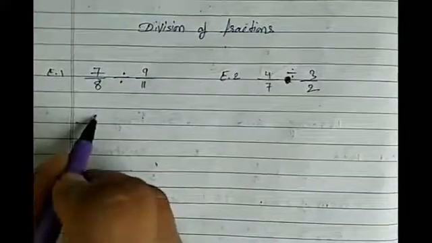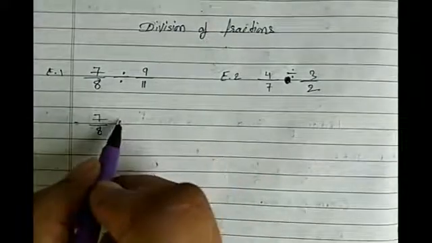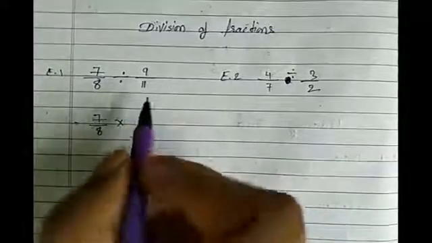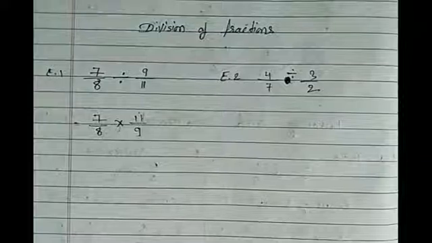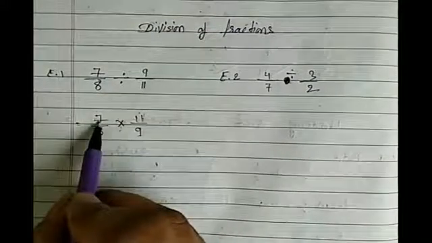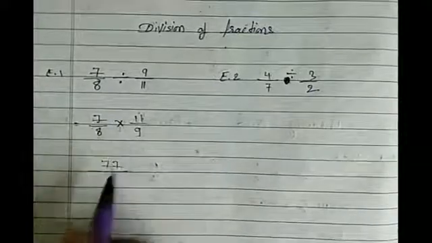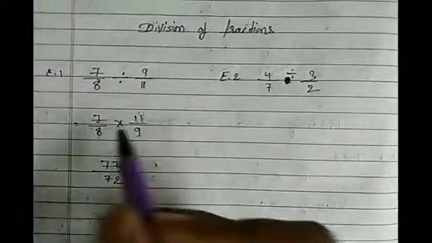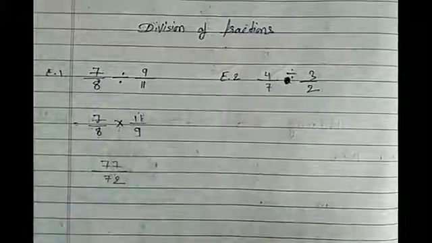So write the first fraction as it is, change the sign of divide into multiply, and write the reciprocal of 9 upon 11, so we get 11 upon 9. Now multiply numerator with numerator, we get 77, 8 nines are 72. In this way, we have to divide the given fractions.